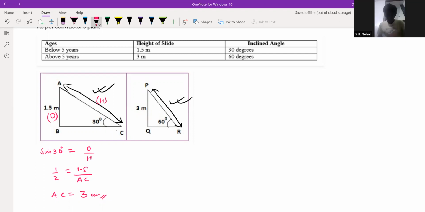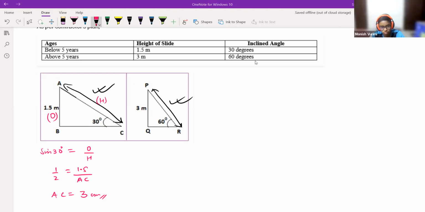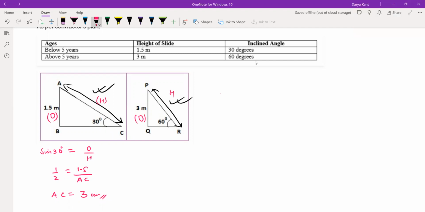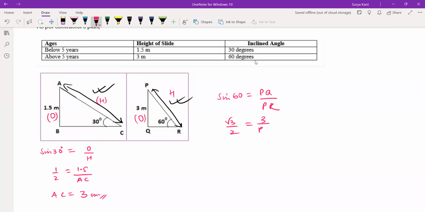Sir, I sent my answer. Oh yeah, I got the answer. The answer is correct. 2 root 3 you are getting, right? Yes, sir. So here also it is the same thing, only opposite and hypotenuse. So sine 60 we have to use in this case. Sine 60 is PQ divided by PR. So root 3 by 2 is equal to 3 by PR.